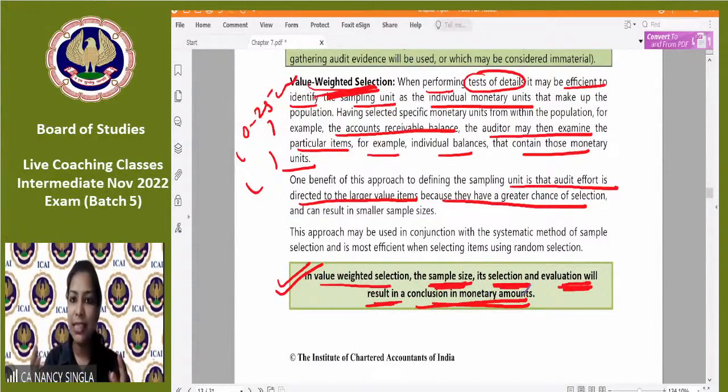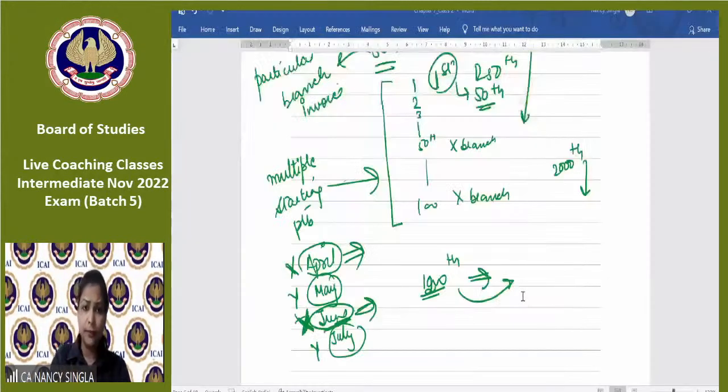So methods will be same, but here we are understanding the characteristics of the population, and there we are selecting the items for testing by applying what? The method is called what? Monetary unit. And here it is what? Value weighted selection. Clear? Hai? Now, how to use it?